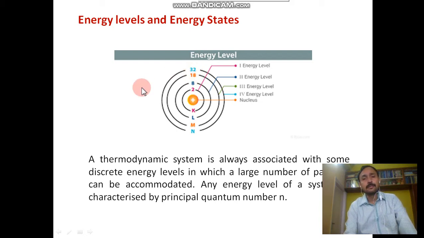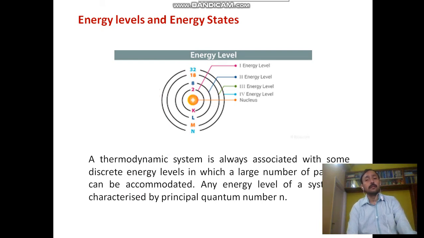So a thermodynamic system is always associated with some discrete energy levels in which a large number of particles can be accommodated. In any energy level, a large number of particles can be accommodated: 2, 8, 18, 32.